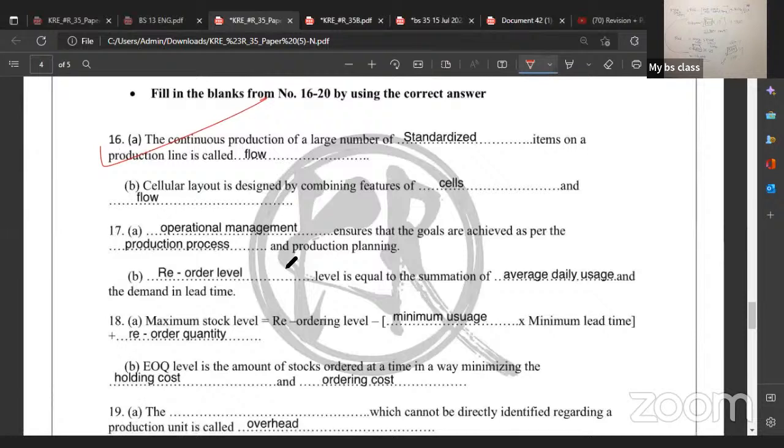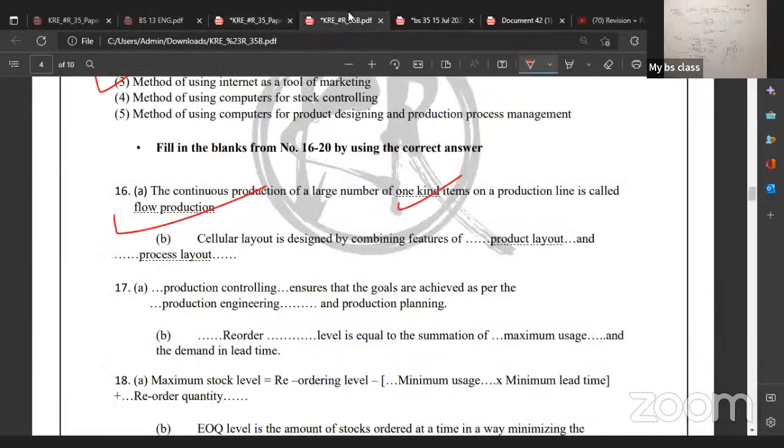Cellular layout is designed by combining the features of cells and flow. Cellular. Okay, so what do you think?